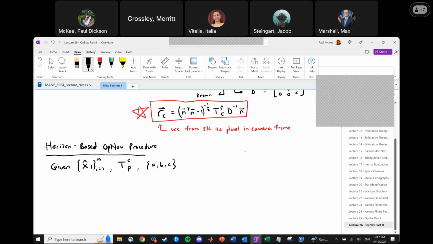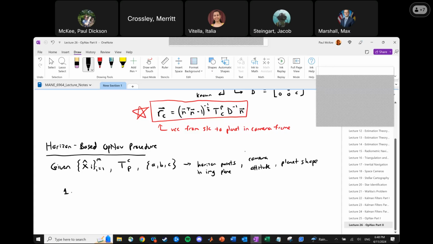So in plain English, this is horizon points in the image plane, the camera attitude, and the planet shape. We assume we know those things. Those will be given on homework 6.